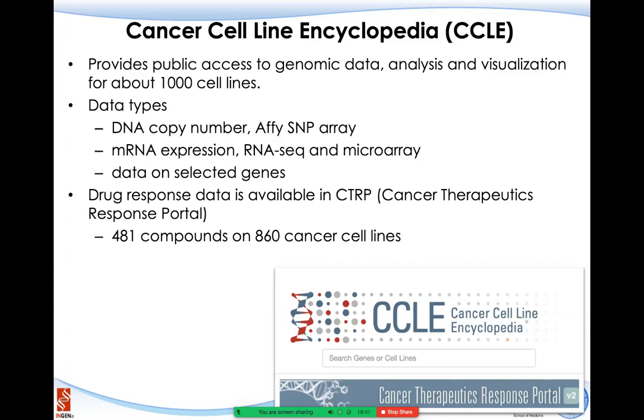The idea is they take all these cell lines and treat these cells with different drugs or compounds. The CTRP data has over 480 compounds treated on 860 cancer cell lines, and they see the response. That's a huge amount of phenotypic characterization of these cell lines.